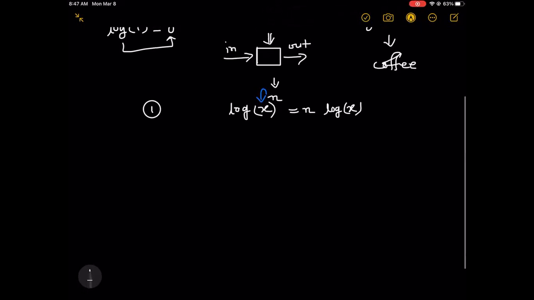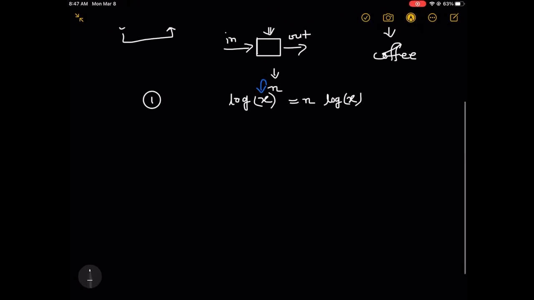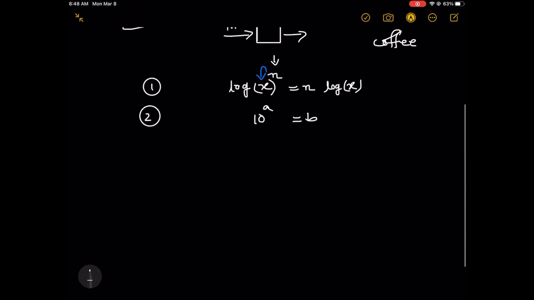Similarly, we have a property which is this. If we have an equation like this where 10 to the a equals b, we can actually rewrite it as logarithm of b equals a.